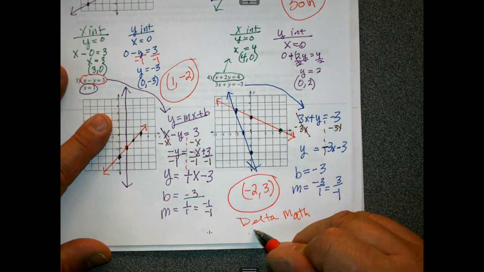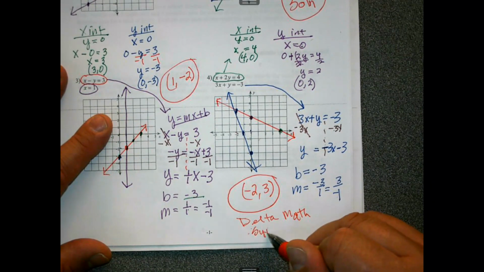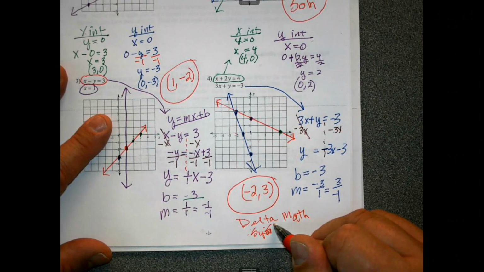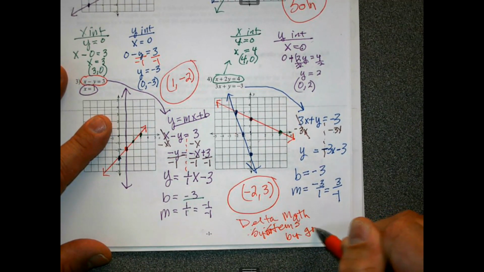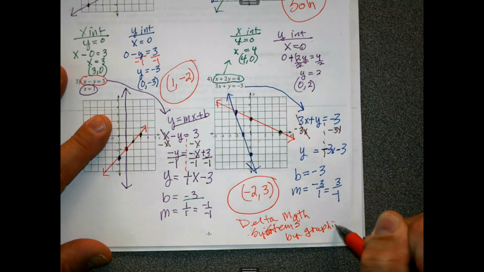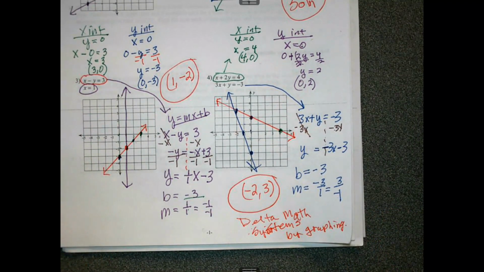So do the section of systems by graphing. And actually, there's not too many problems. You probably will get them done now if you do them. Any questions on this?